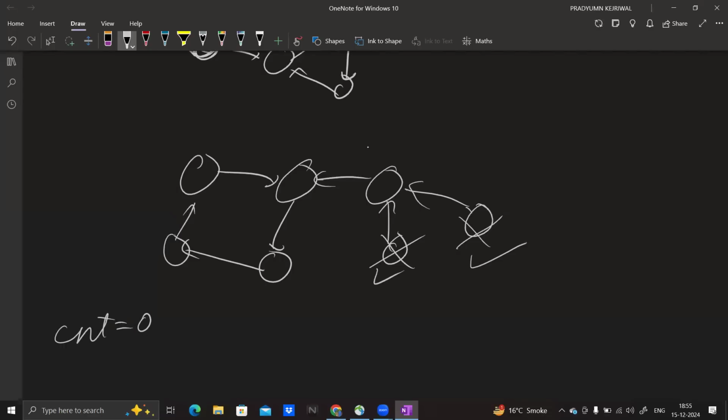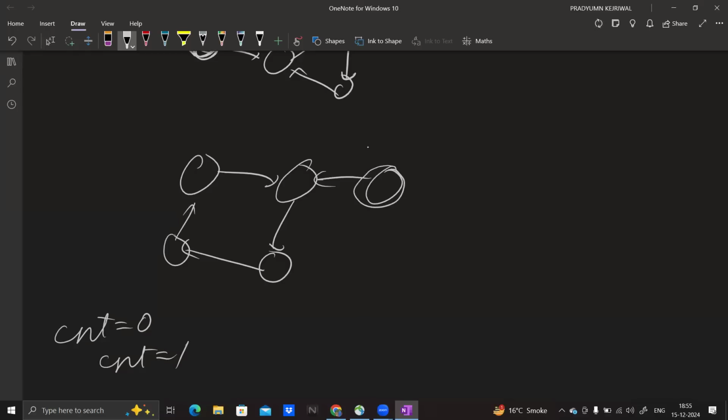In iteration 1, I delete them, so the count becomes 1. Now it's like this, right? While deleting those nodes, I'll decrease the in degree of this node, and I'll see that the in degree of this node has become 0.